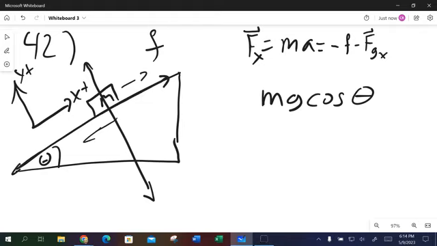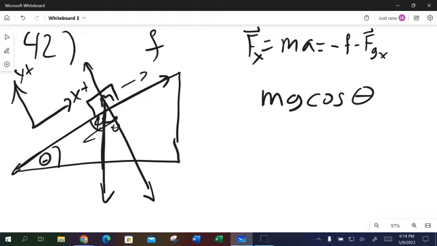Gravity is being pulled on at this angle, so this angle here will not be equal to this angle. No, this angle here, theta, will be equal to this angle here. However, we want the angle right here. We're going to call this angle phi.